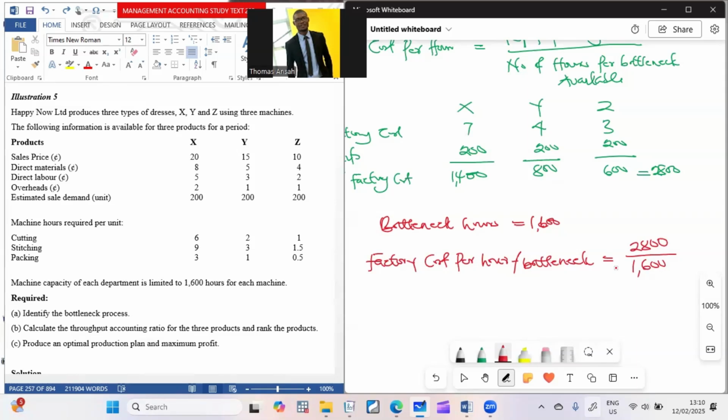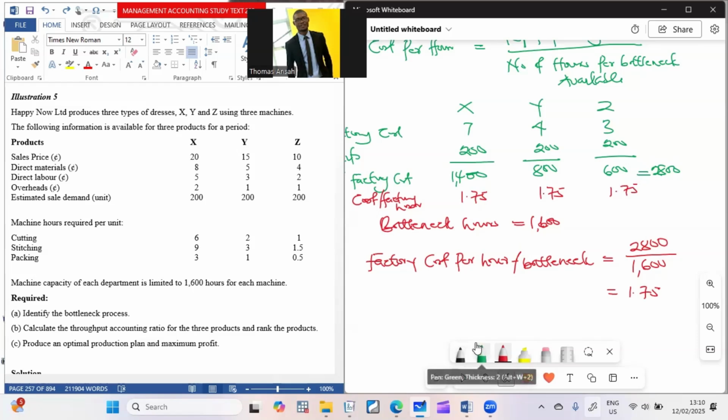That is 1.75. So it means that cost per factory hour is 1.75, 1.75, 1.75. This is it.